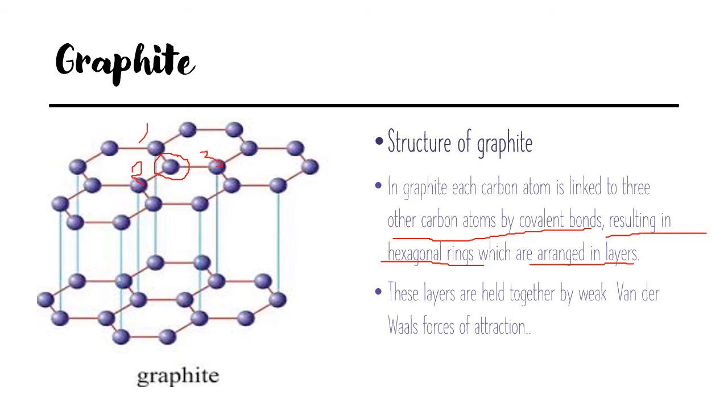If you take another carbon atom, again you can see it is bonded with 1, 2 and 3 carbon atoms. So if you check any carbon atom, it is bonded with 3 more carbon atoms. And because of this arrangement, it leads to the hexagonal ring structure.